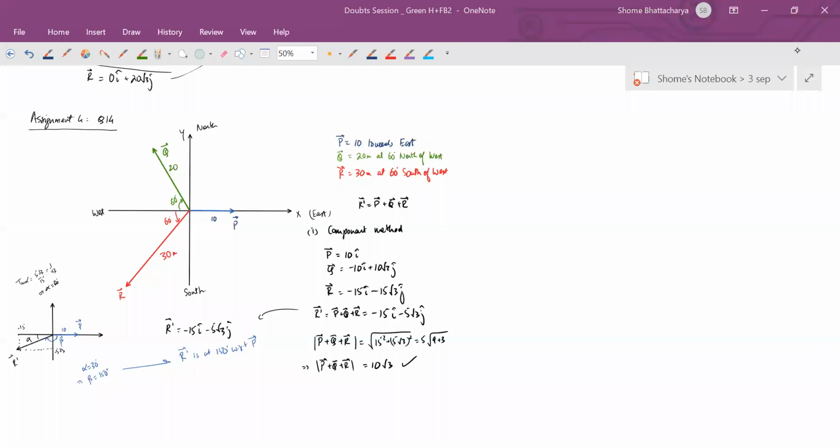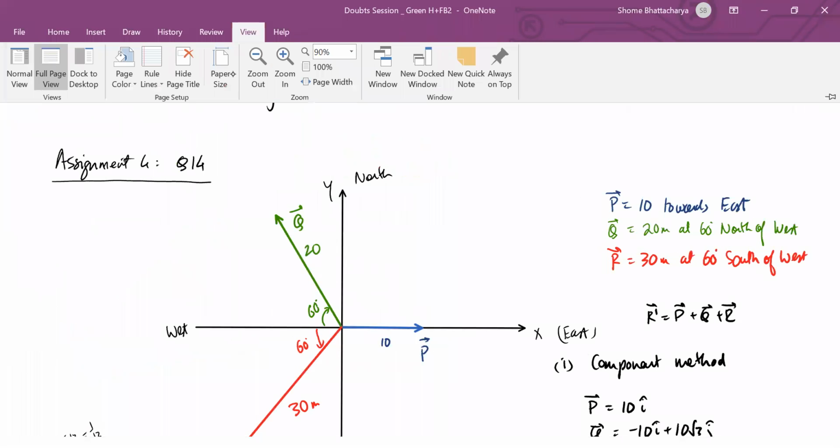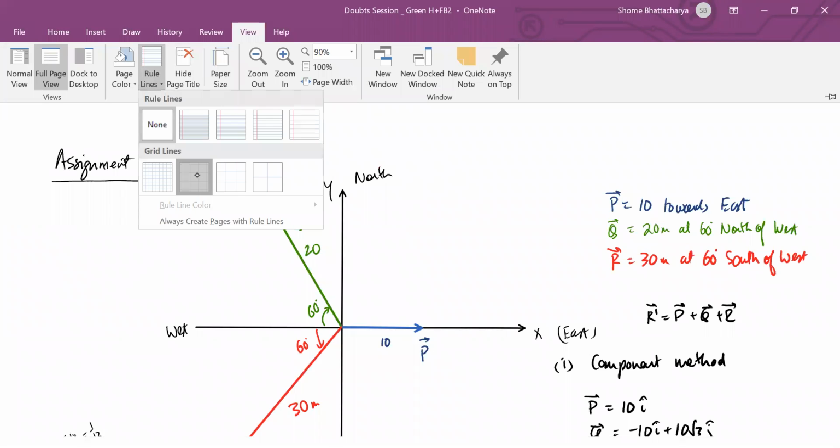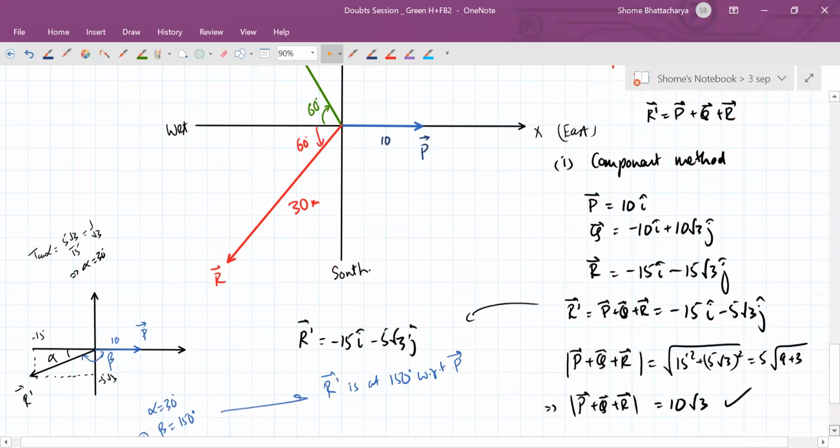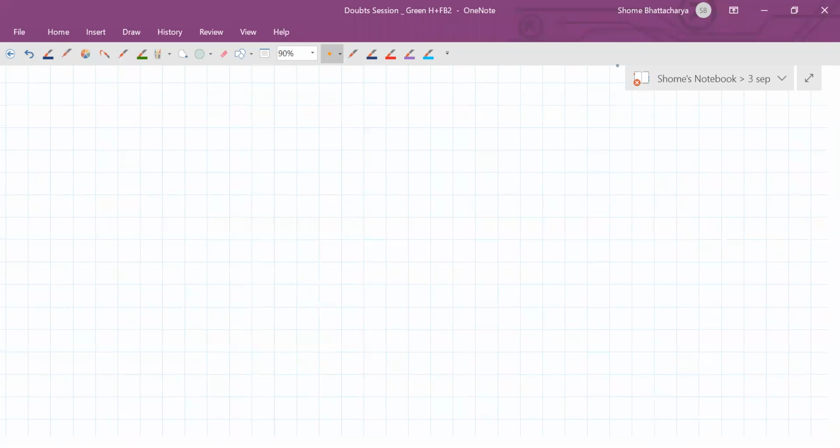Okay, so let us also look at the geometrical way of solving this question. Then we will come back to more doubts from people. So hope you have finished writing this down, because next we are moving on to the geometrical way of solving this. The geometrical way of solving this question is going to be something like this.